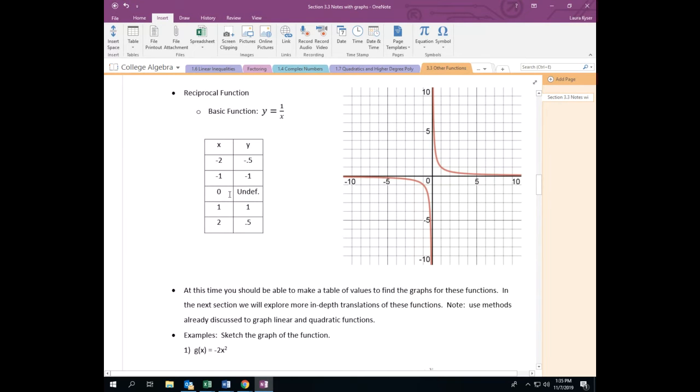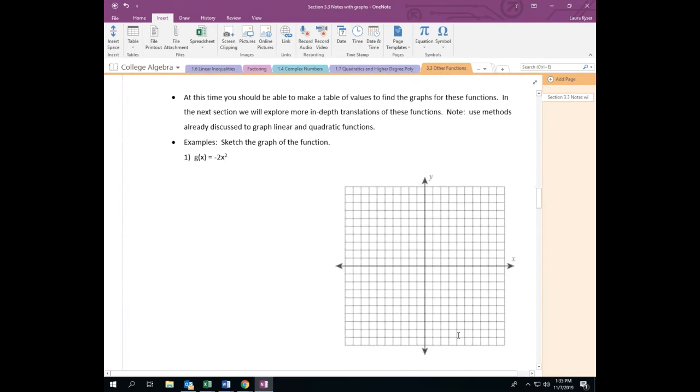So anytime you have a piece of your function that creates an undefined situation, you will not have it be in your domain. And if it's in the table, you'll see an error or undefined or whatever the case is. If you look at it in the graphing calculator, I think it says error as the y for that value. So there are just a few of the parent graphs.